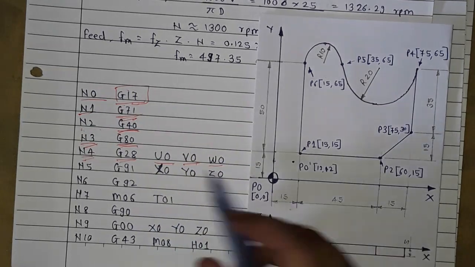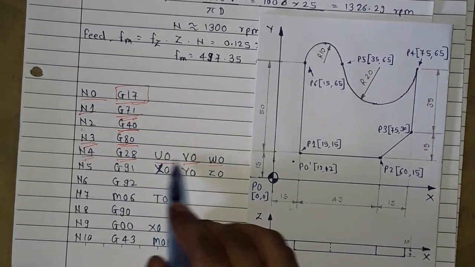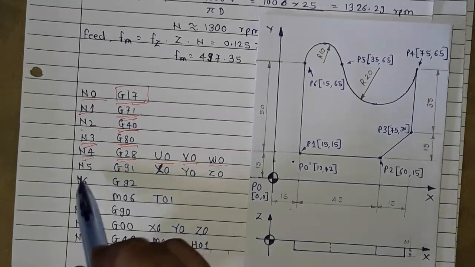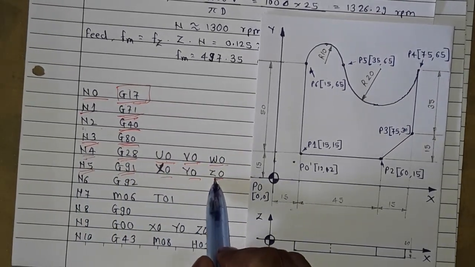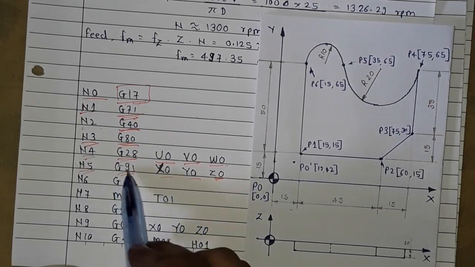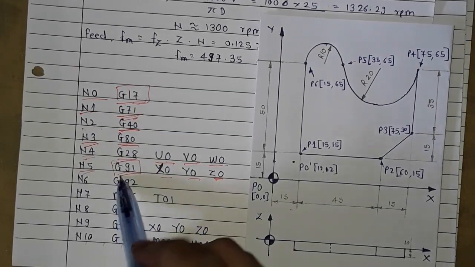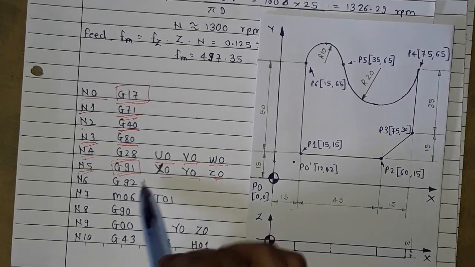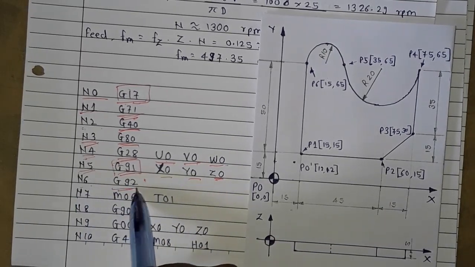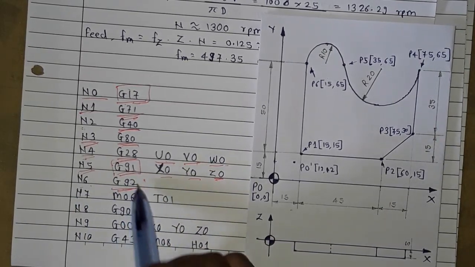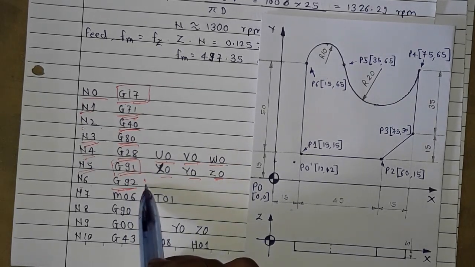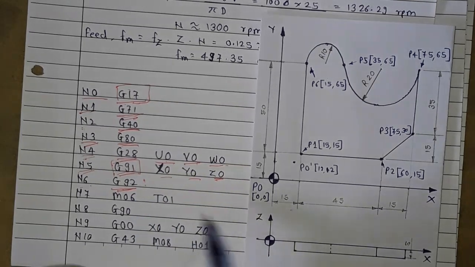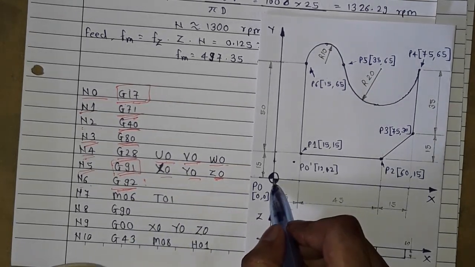In this case, the tool will return to its home position. Then N5 G91 X0 Y0 Z0, where G91 is for incremental programming. Then N6 G92, here G92 is for reset to origin point, that is this is our origin point.